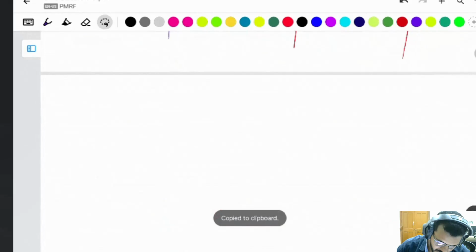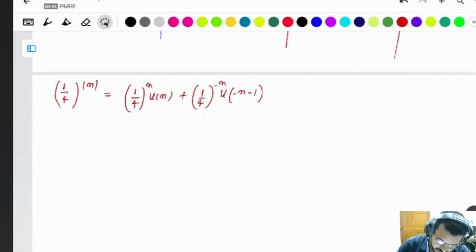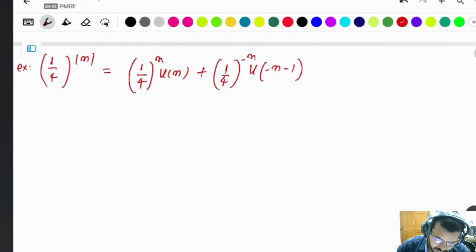Then what is the ROC? This function is u of n, it means mod of z will be greater than 1 by 4.